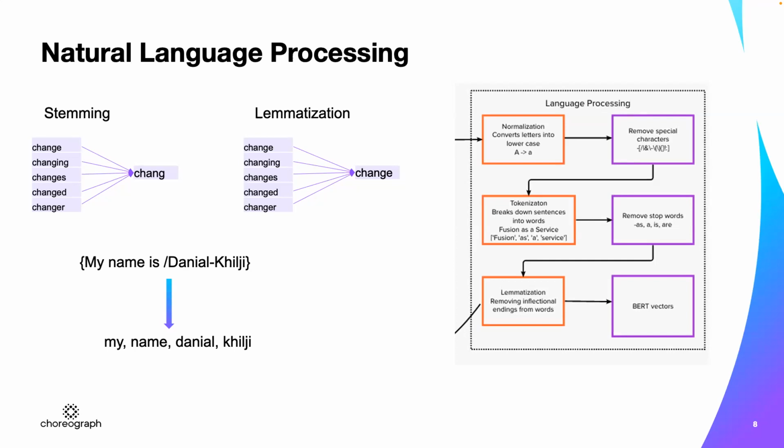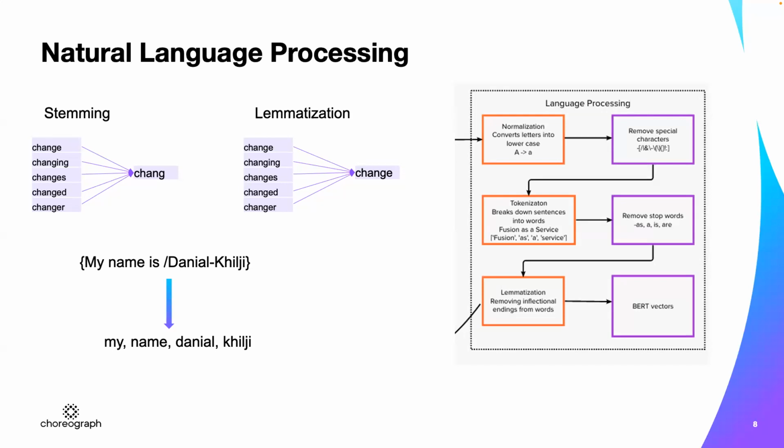And then we move to the next part, which is tokenization, where we break each sentence or each feature name into a list of words. Why we need to do that, we will come to in the next couple of slides. But after the tokenization, we remove some stop words, which can give you a very high similarity score at the end.